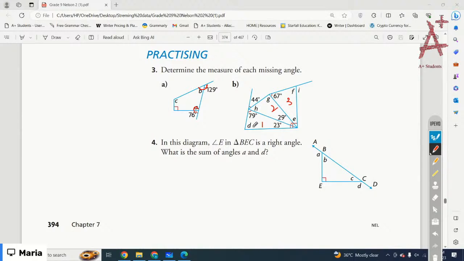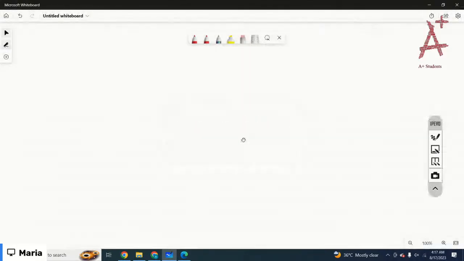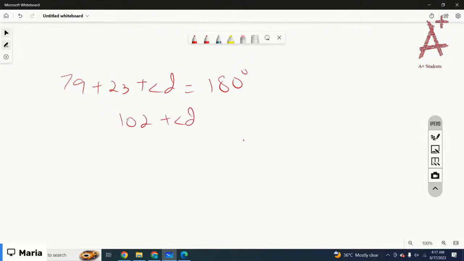So 23 plus 79 plus D makes 180. 79 plus 23 is 102, plus angle D equals 180. Move 102 to the other side, so it would be 78 degrees. That means angle D is 78 degrees, right?